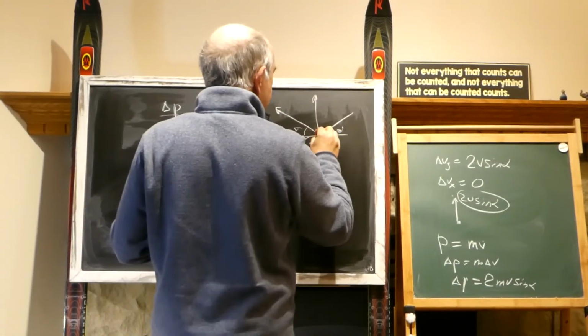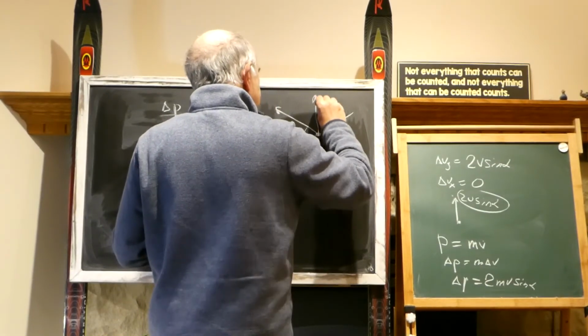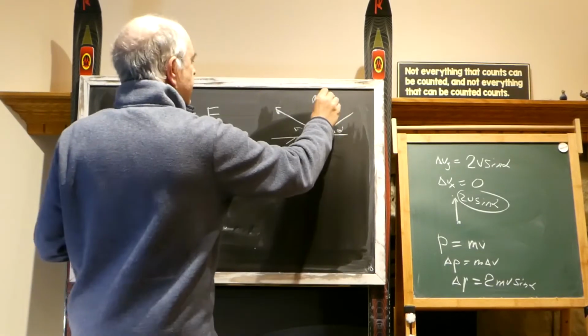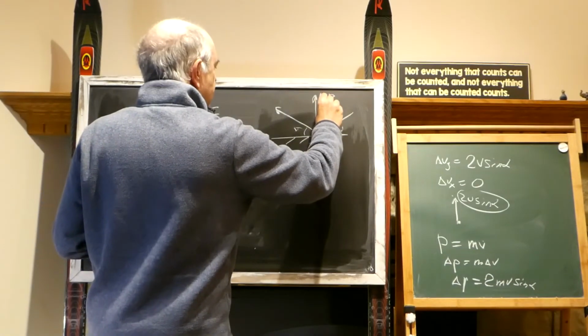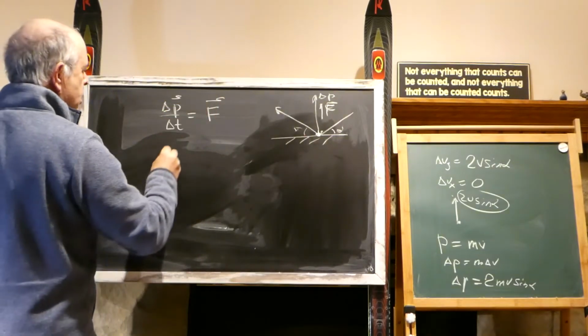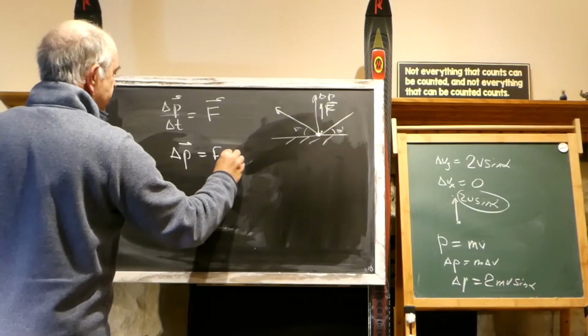What changes this momentum? The vertical force. So there is a force in the same direction as this delta p, and they are connected like this. So I can say that delta p equals F delta t.